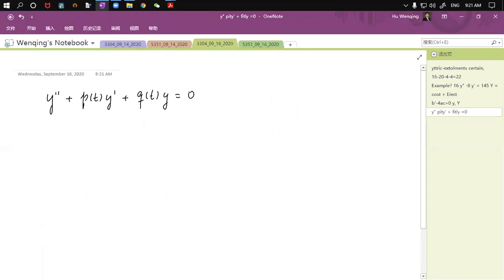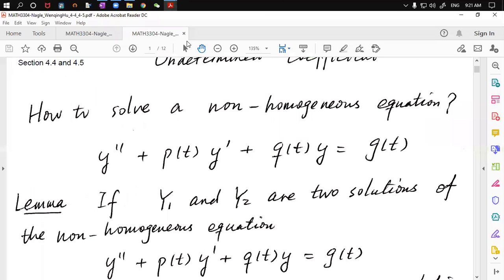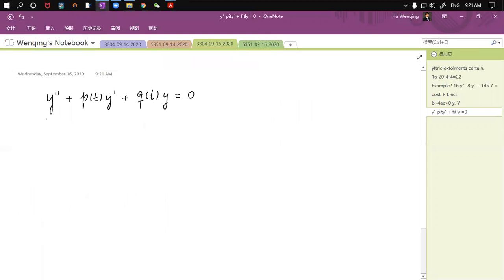That's just a linear homogeneous equation in standard form, with p of t and q of t. If y1 is a solution, and y2 is another solution, as we discussed in the last lecture, then both are solutions.